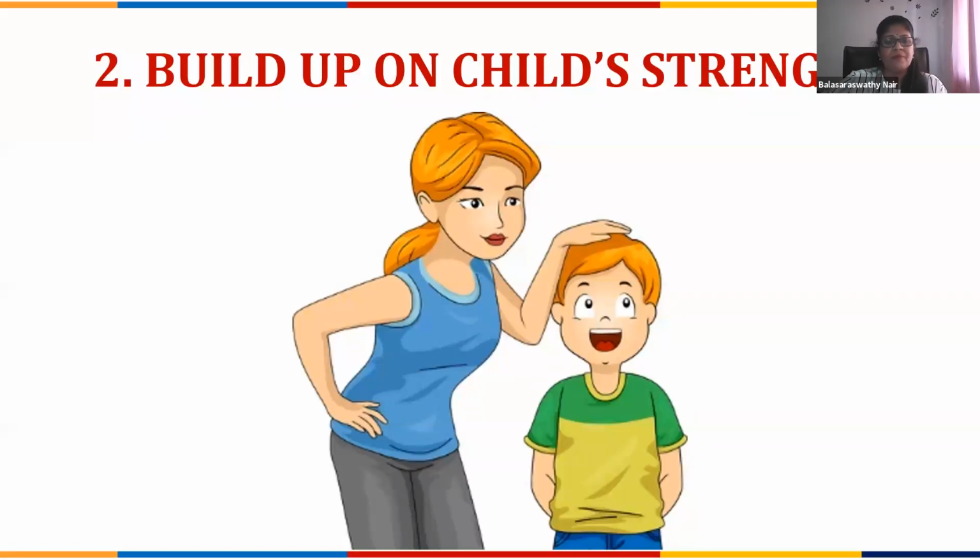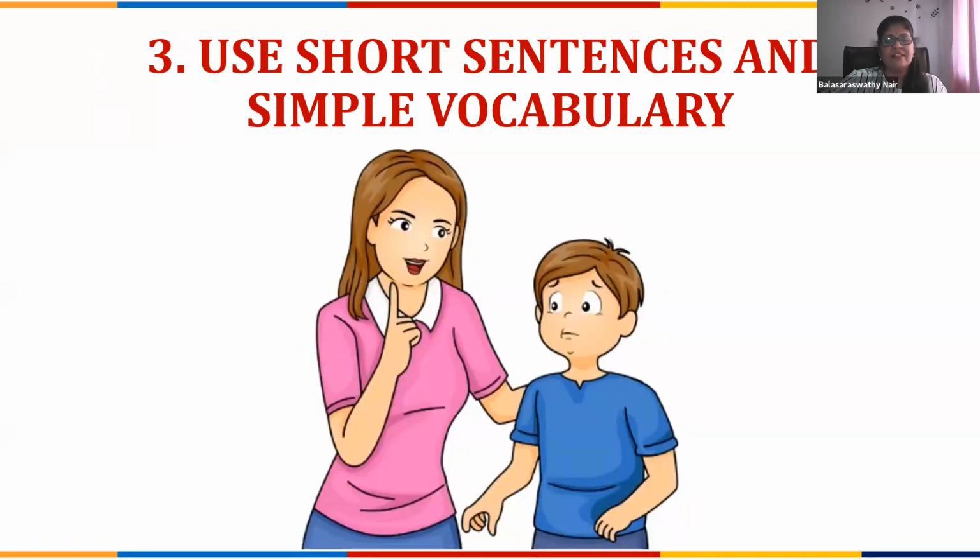They can come up with amazing ideas. That's the beauty of these children. So when you focus on their strength and encourage their strength and support their strength, the area where they are weak will definitely start becoming better.